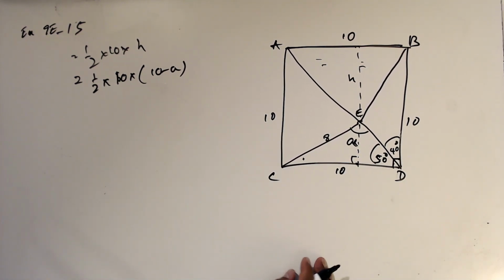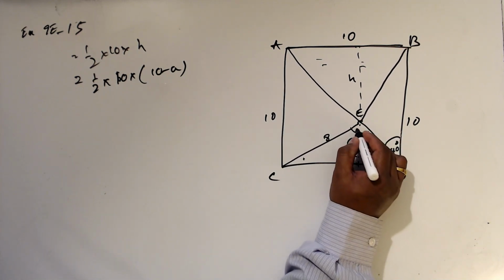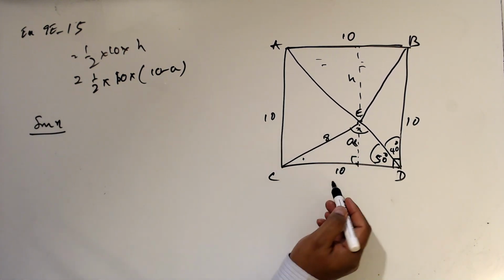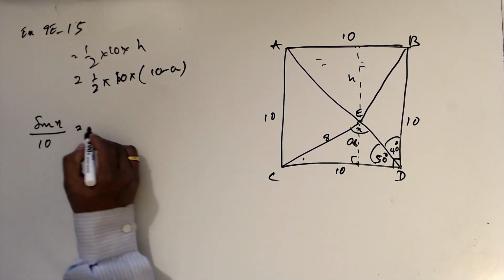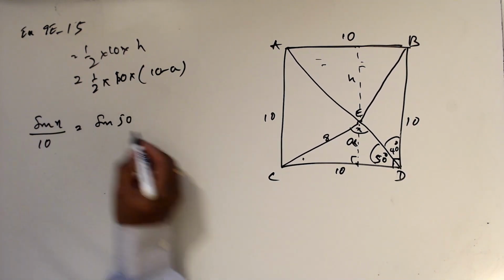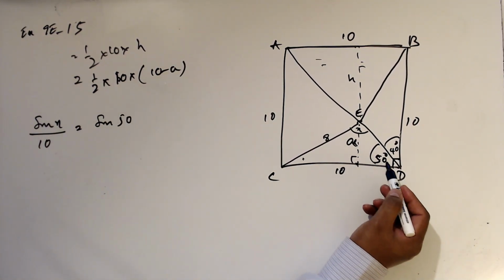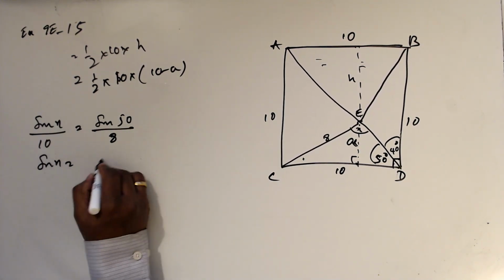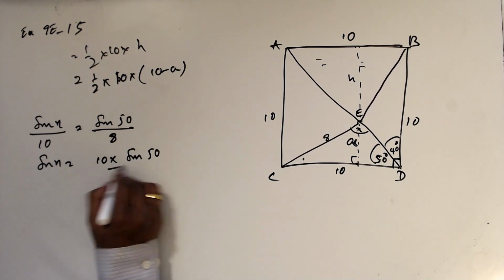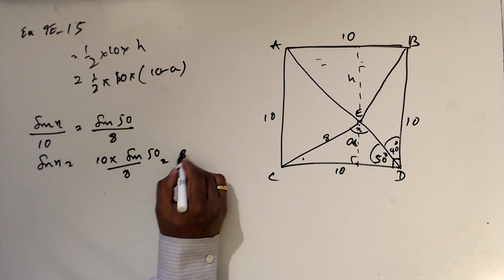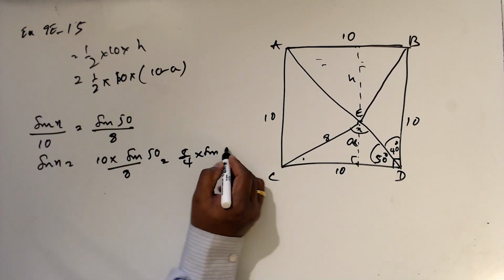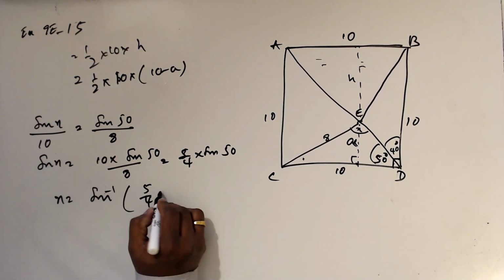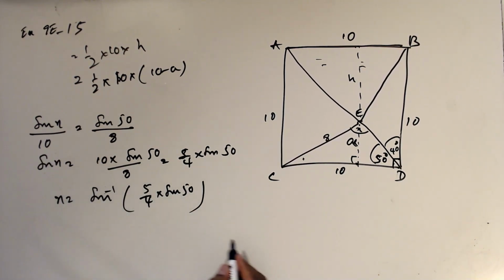So first of all, I will take this angle is x, sine x over 10 equal sine 50 over 8. So sine x equal 10 times sine 50 over 8. It means 5 over 4 times sine 50. So x equals sine inverse 5 over 4 times sine 50.